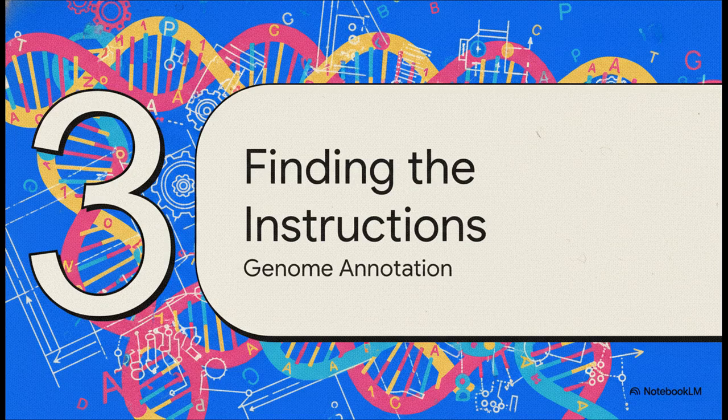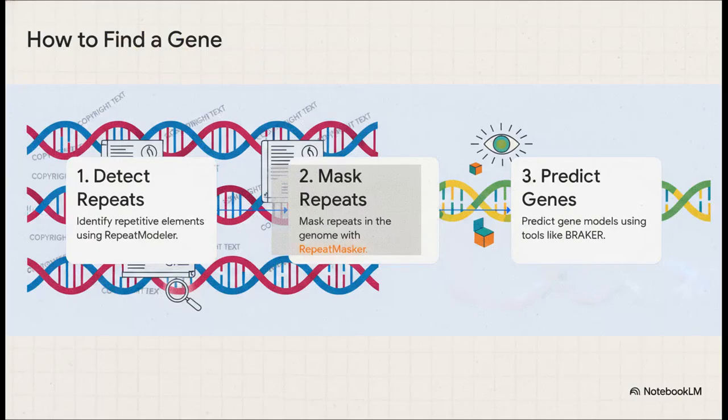This next phase is called Genome Annotation, and it's basically a massive treasure hunt for the actual instructions, the genes, that are hidden somewhere in those billions of letters. And it's a really methodical process. First, you use a tool to find all the repetitive bits of DNA. You can think of this like all the boilerplate legal text in a contract. It's just noise.